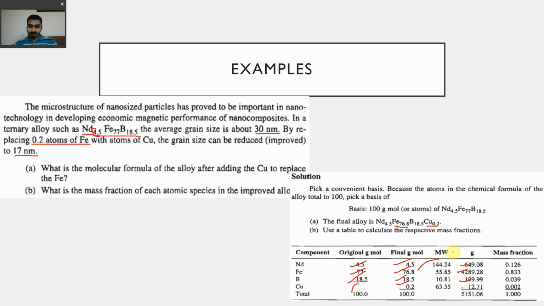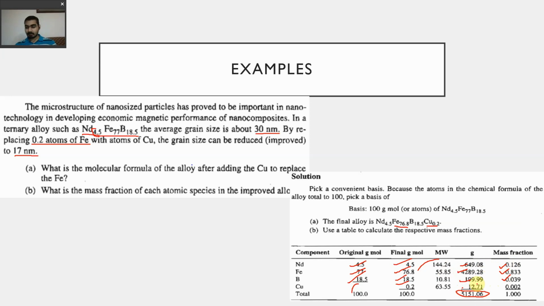So multiply molecular weight by, that is 144 into 4.5, you will get 649 and so on. So the total value will be provided, or you will get directly 5151.06. Divide each: 649.08 divided by 5151.06, you will get the mass fraction of Nd, Fe, B. So for B it will be 199.9 divided by 5151.06.